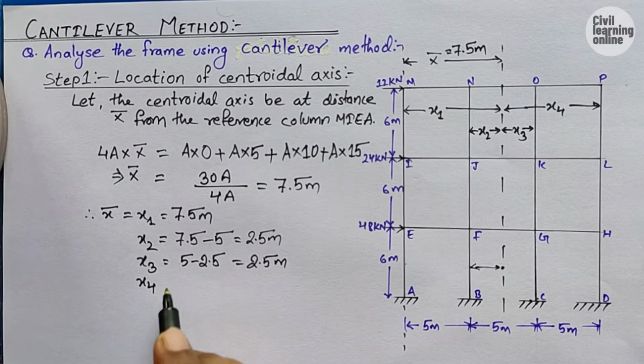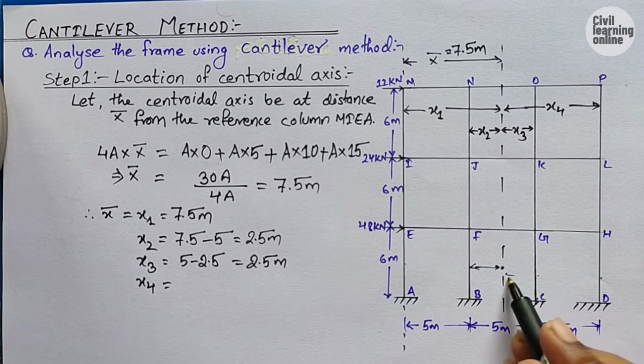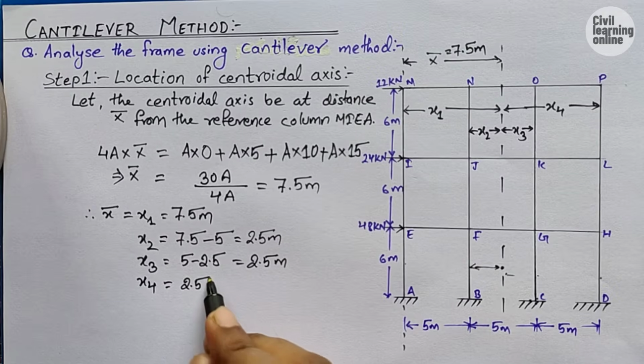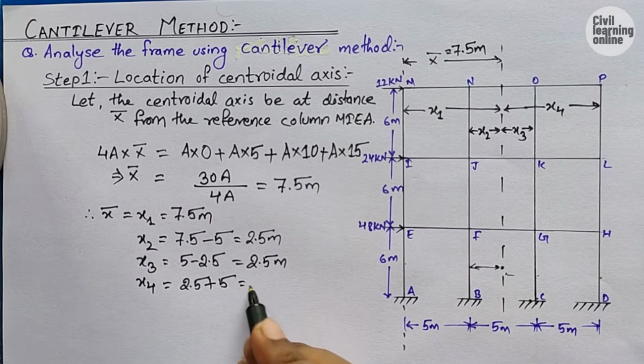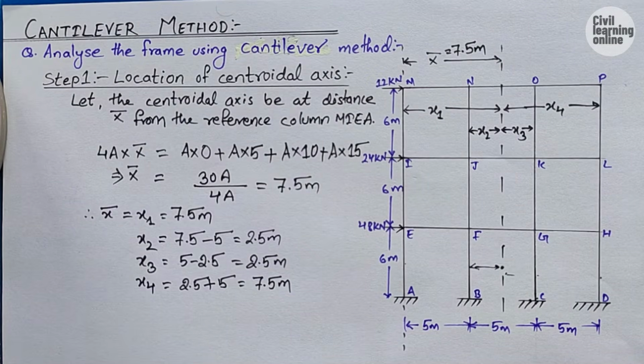Similarly, for X4, we have 5 plus this whole span from here to here, plus this much span, and we have got this span as 2.5, so it is going to be 2.5 plus 2.5 plus 5 meter. It is going to be 7.5 meter.